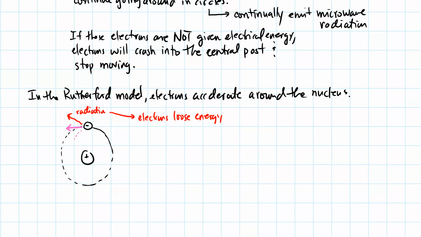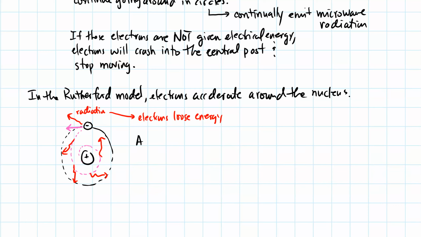So the orbit is getting smaller because it's constantly emitting radiation. And as it constantly emits the radiation, at some point the electron will crash into the nucleus.